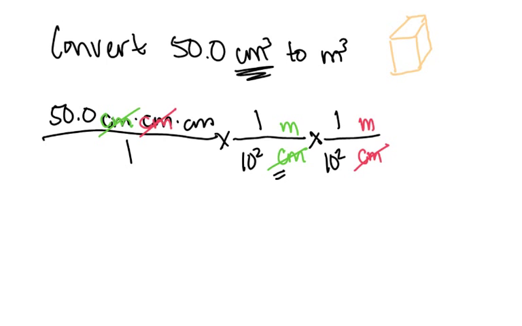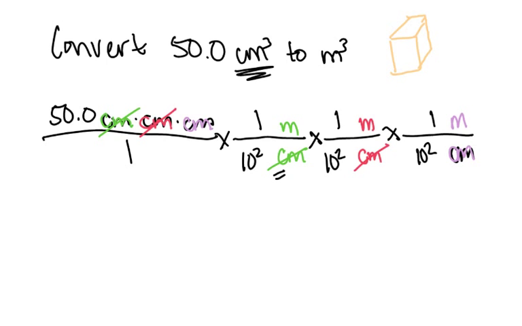But there's still one more set that needs to be taken care of. So now this third centimeter, it will come to the bottom of a fraction. And now we can convert it to meters. And same as before, every 1 meter is 10 to the second centimeters.